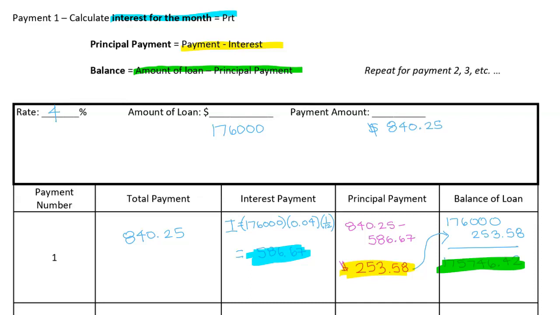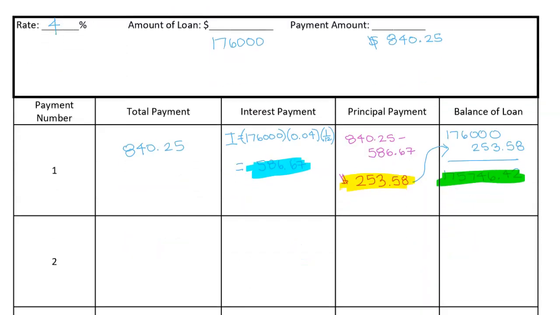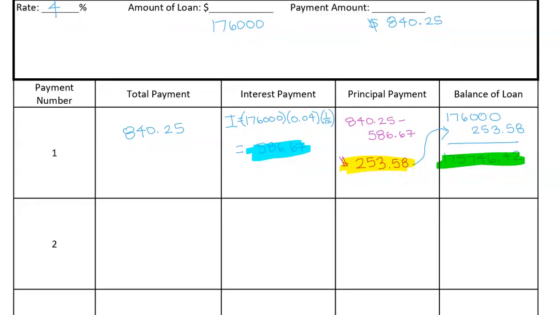All right, let's do the next payment. So now the payment is the same. I still pay $840.25 every month. But now I want to find the interest. The interest is going to be the principal. The principal has now changed.